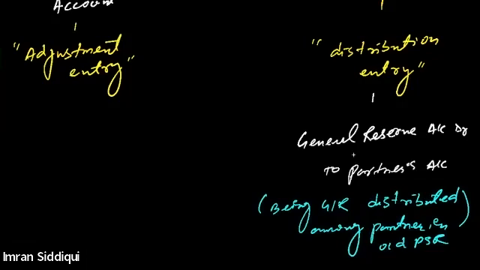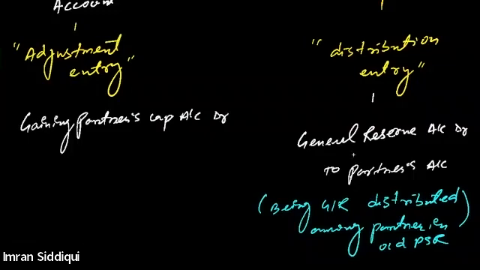Whichever partner is gaining, that partner's capital account needs to be debited. So in order to do the adjustment entry, we debit the gaining partner's capital account, and we credit the sacrificing partner's capital account.